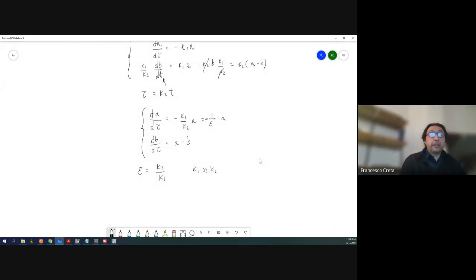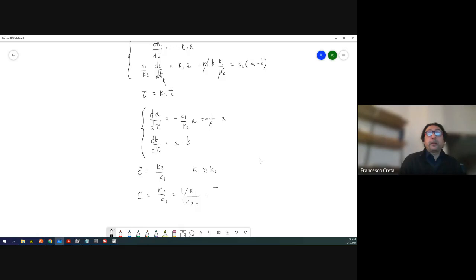So what is the meaning of epsilon? Well, we can write it as 1 over K1 over 1 over K2. So now what we're doing is comparing timescales. Remember, K1 was much bigger than K2, so 1 over K1 is very small.